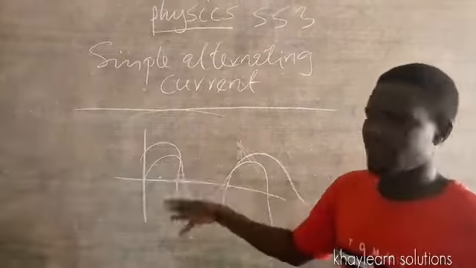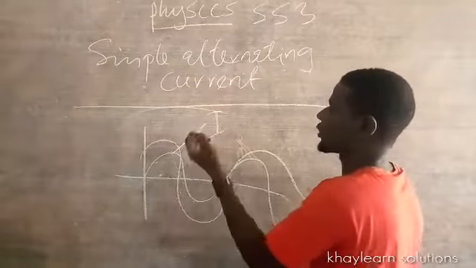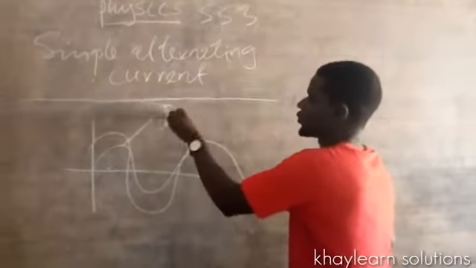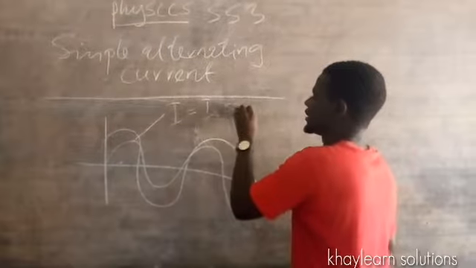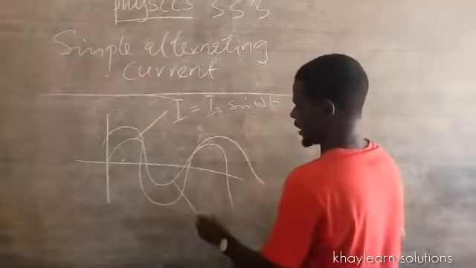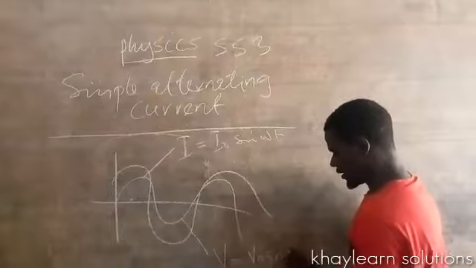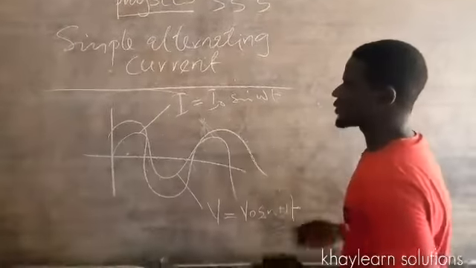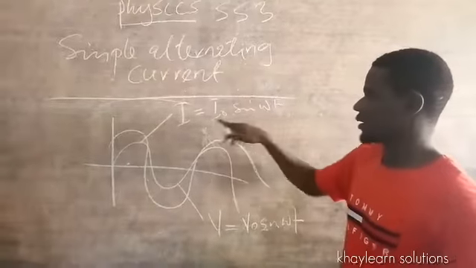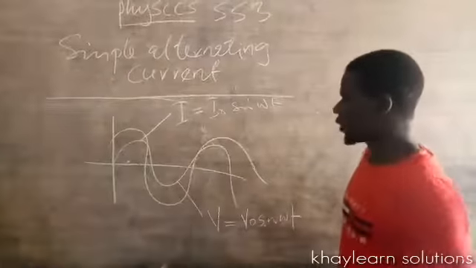So assuming the current is this, the current flowing through this diagram will be I equals I naught sine Wt, and the voltage will be V equals V naught sine Wt. Every wave nature quantity will have this equation. This is the wave equation for current, and this is the wave equation for voltage.